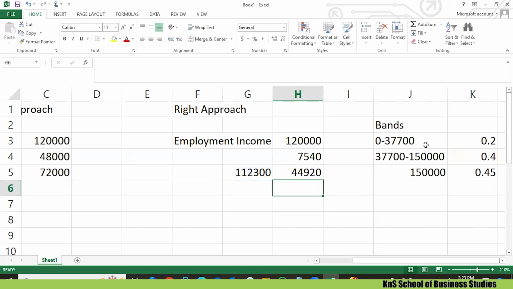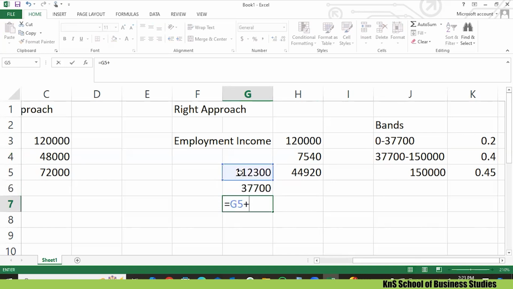My entire 120,000 does not come up over here; it is being divided. So now when you add 1123 and 37,700, how much is it going to equal?